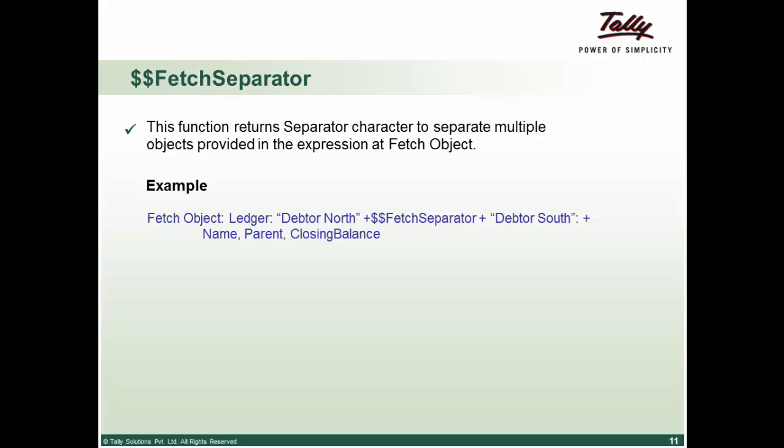Here fetch separator is a special separator character, which helps us give a separation between two objects. To give an identification that this is object one identifier, then the fetch separator character, and this is object identifier 2, the fetch separator function helps us bring this separator character.